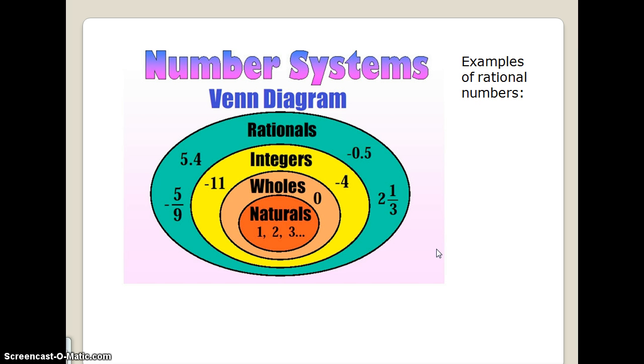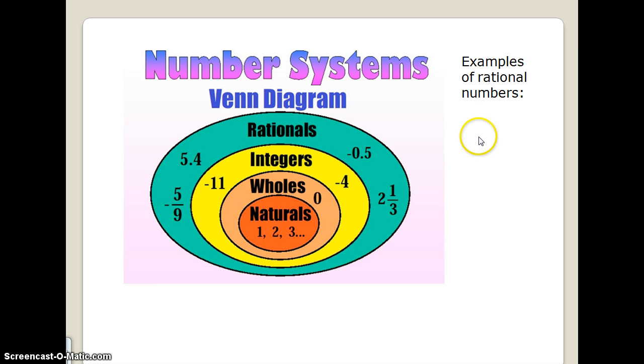The integers are what we just got done working with, negative 11, negative 4. Those are the numbers that are whole numbers and their opposites. Okay, so then whole numbers would be 0 and the natural numbers 1, 2, 3. So if it's an integer, it's also a whole number and a natural number. If it's rational, it would be all four categories.